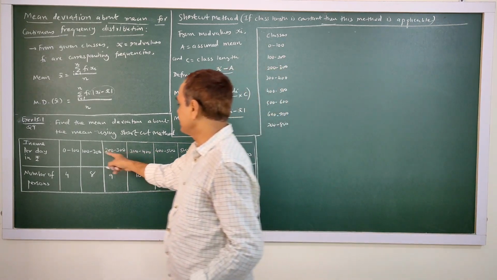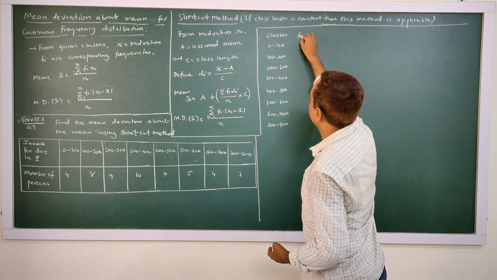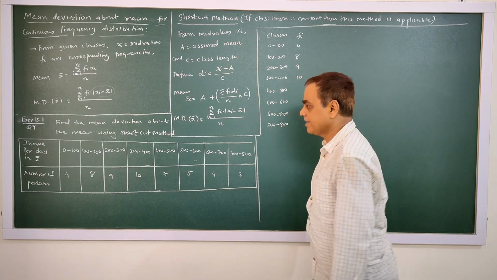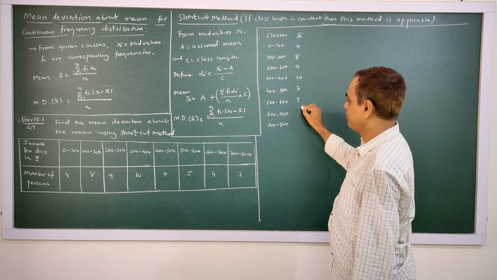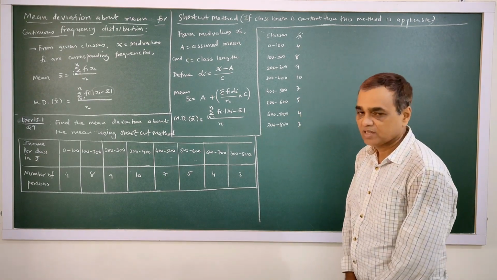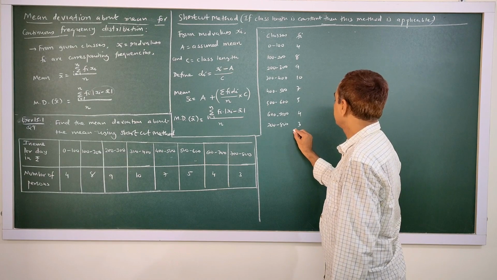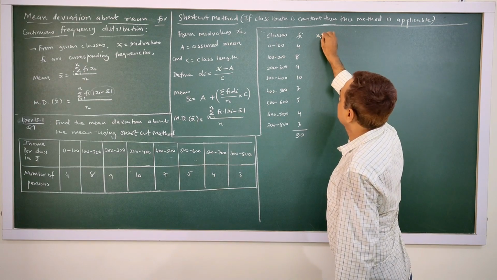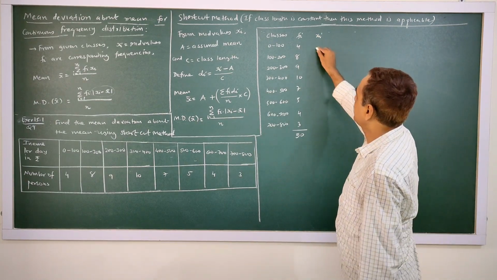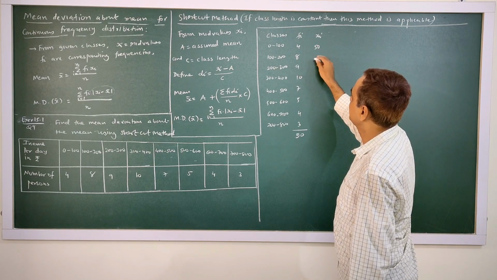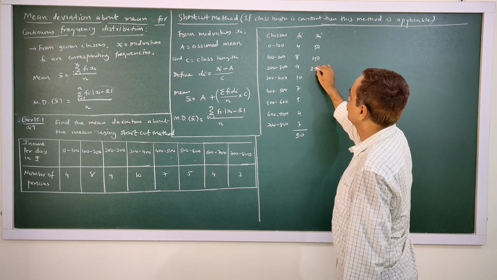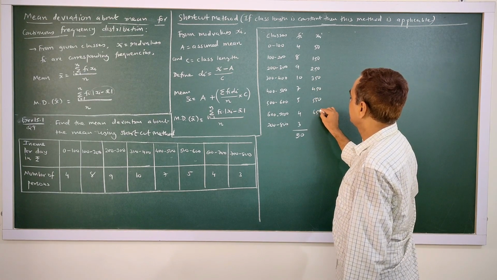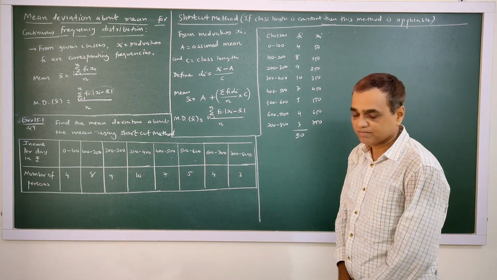Then frequency Fi: 4, 8, 9, 10, 7, 5, 4, 3. And the sum of this frequency will be 50. Here I give xi, that is mid values. Mid values, as discussed in the first method, are 50, 150, 250, 350, 450, 550, 650, 750.